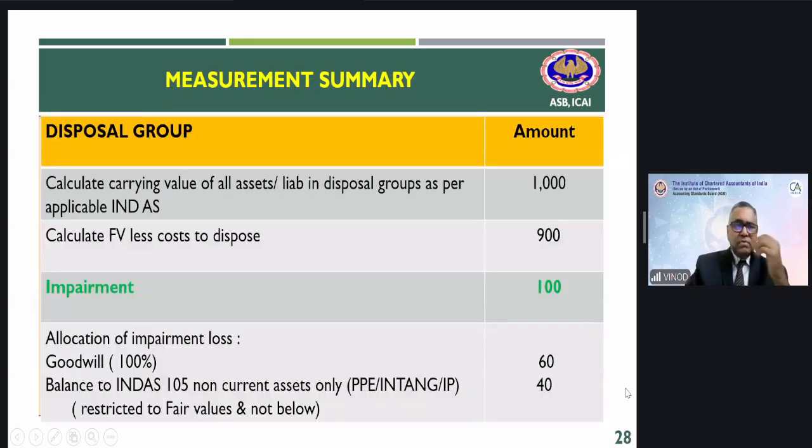A simple example of how this accounting can happen. Have a look. The difference between fair value or book value, whichever is less, is treated as impairment loss.